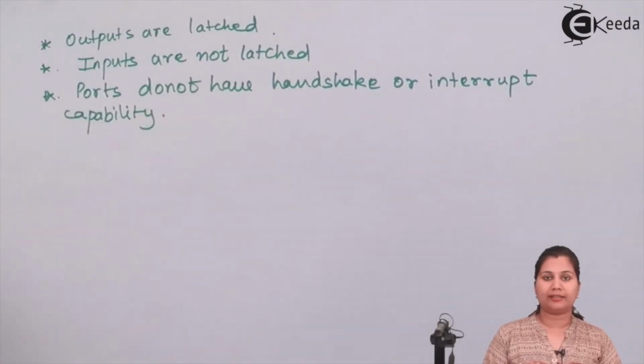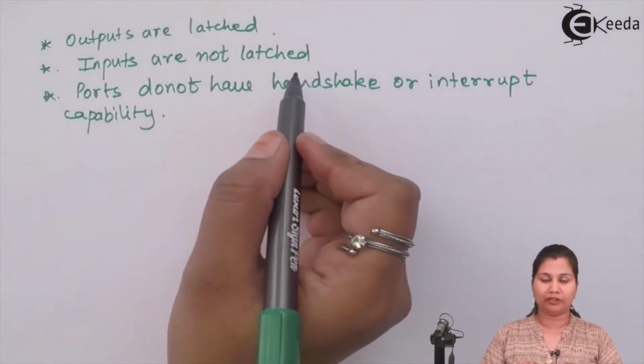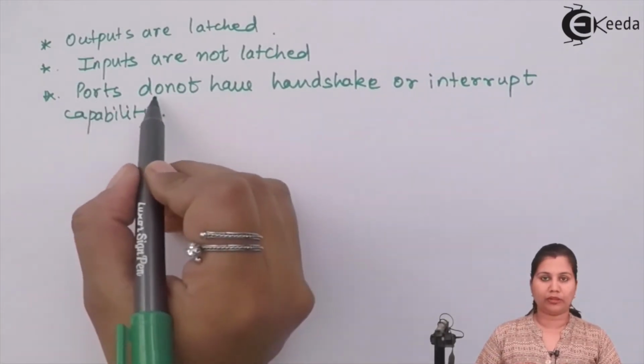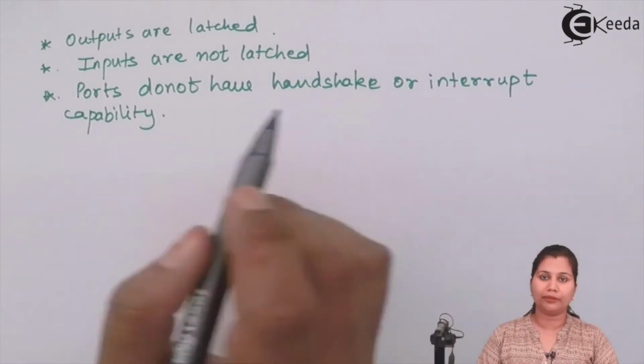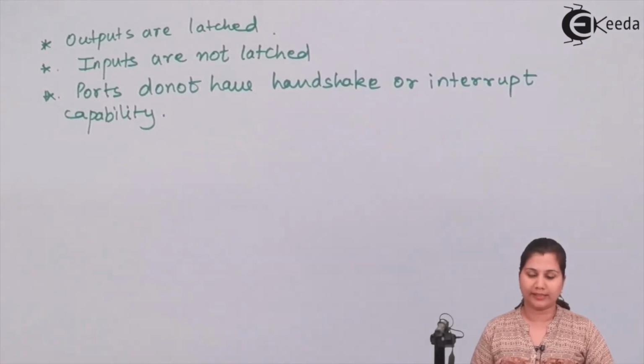Latched means that their value is available till the next clock cycle. Inputs are not latched, their value will not be available till the next clock cycle. And ports A, B and C do not have handshake or interrupt capability. So these are the features in mode 0.